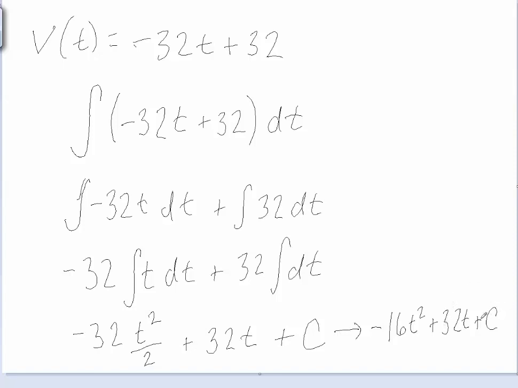Okay. The only thing we need to find is this constant term. And how we'll find that is by using what are called initial conditions, or given some point, we can solve for our constant c. So let's do that.